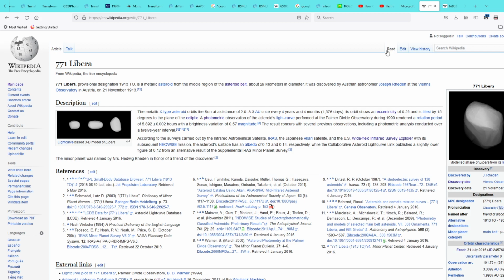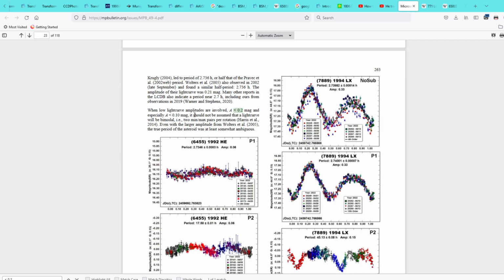So going back to this issue of Minor Planet Bulletin, what they're getting at is that when you have that smaller amplitude, that smaller variation, you cannot assume that the solution will be bimodal. As you skim through this issue, you can also notice several references to a concept whereby they invoke a split halves plot.